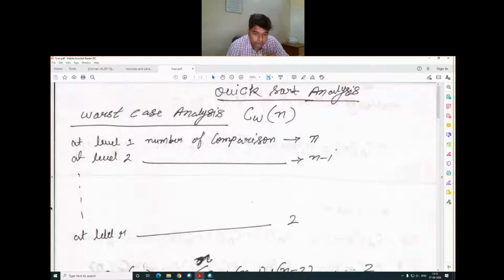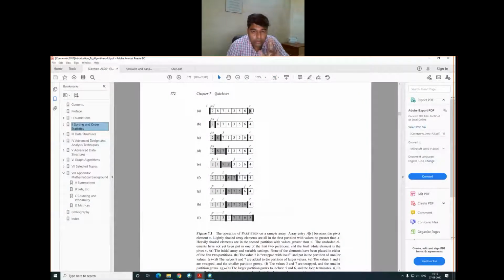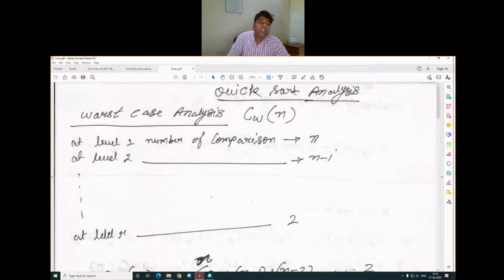This whole process is performed at level 1. Similarly, n levels are performed in the quicksort algorithm to sort the array. So let's start at level number 1.